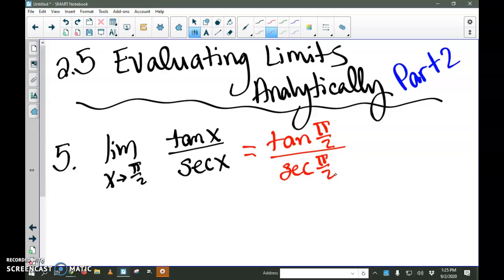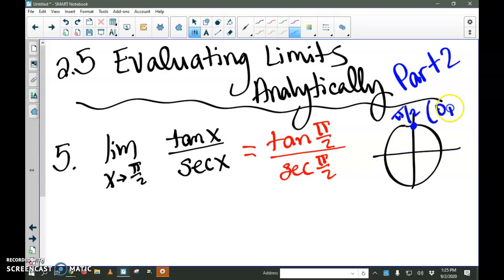And I know you're thinking, Hassler, what are you doing to me already? Yeah, I know. If we look at the unit circle, pi halves is at the top of that unit circle. And the ordered pair for pi halves is 0, 1. So this is why I had you looking at your trig stuff yesterday.